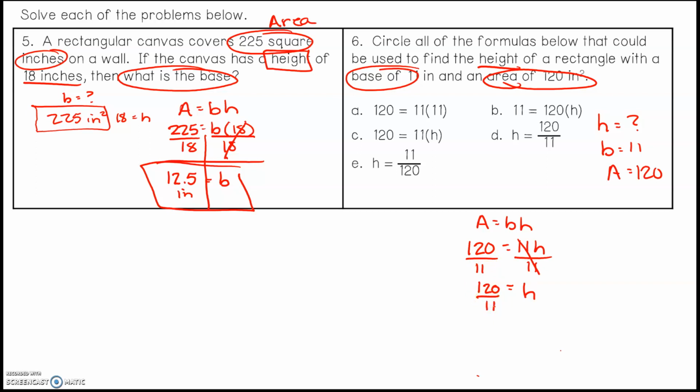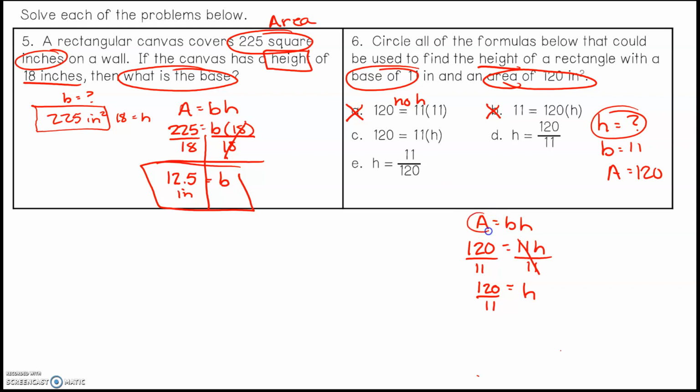Looking at the choices, I know that I'm looking for H, so there needs to be an H in my equation. A does not have an H, so this cannot be one that works. B does not work either. We're not going to multiply the 120.